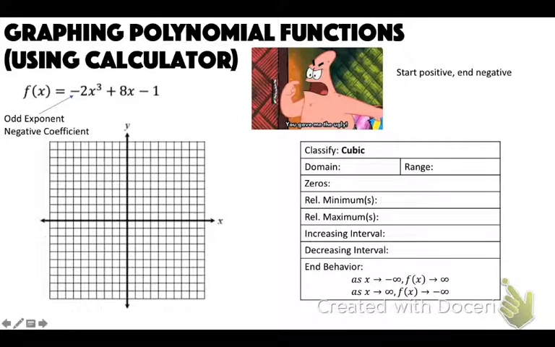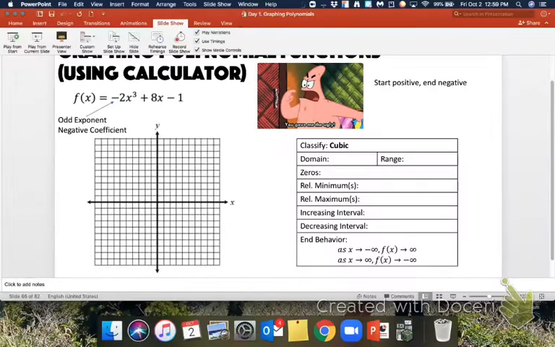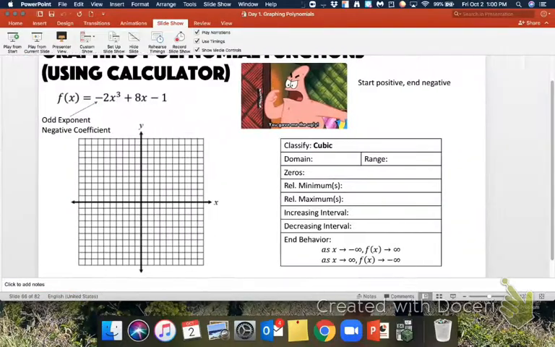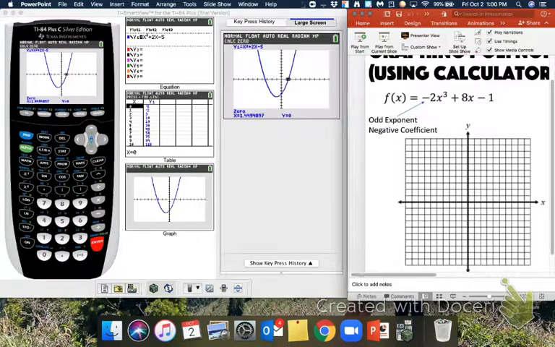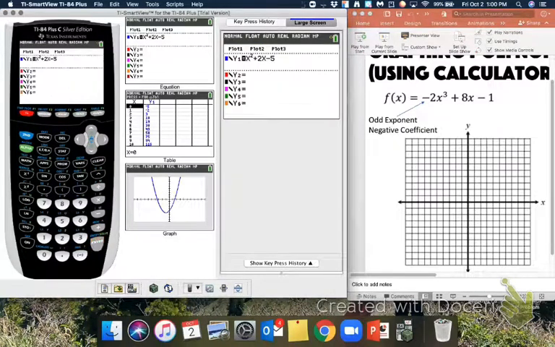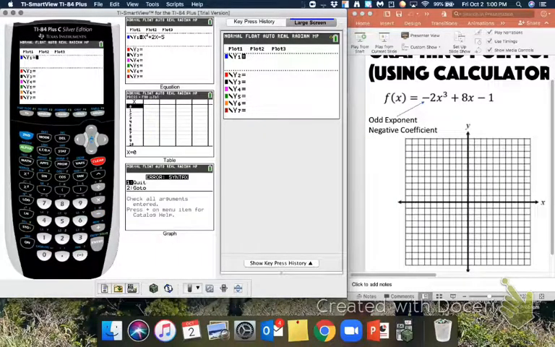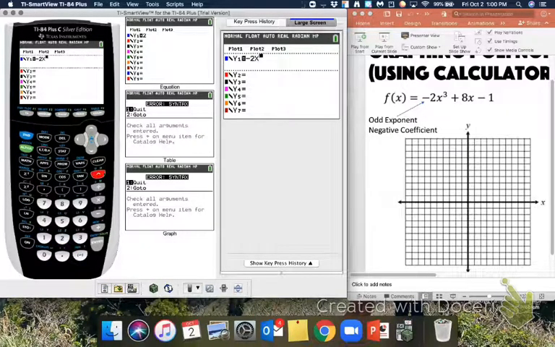Okay, and then let's pull out our calculators again. Let's put this into our calculator. So if you go back to your y equals, and we can just delete this out of here. We have negative 2x to the third power plus 8x minus 1.